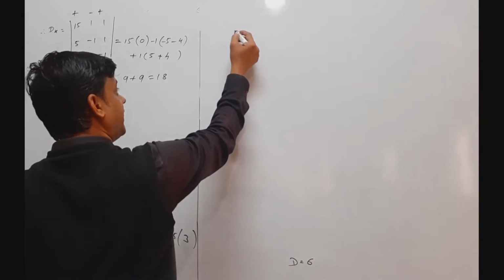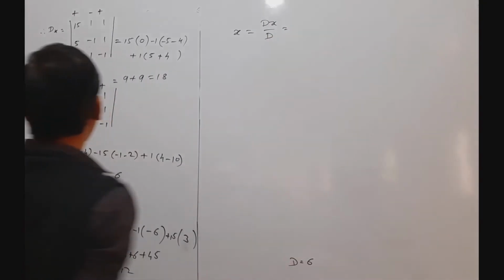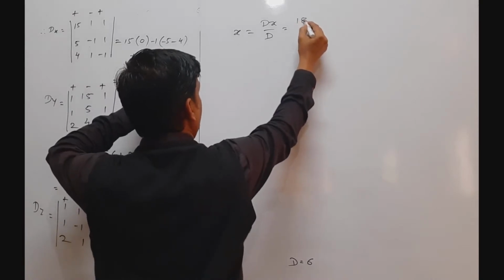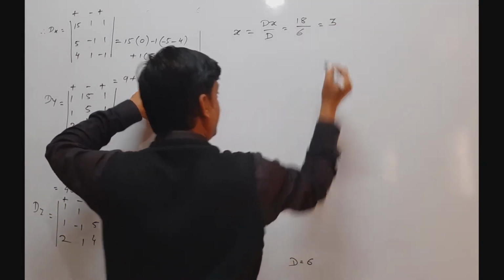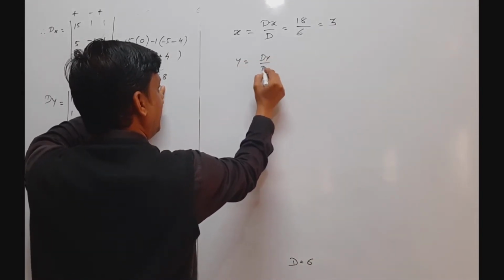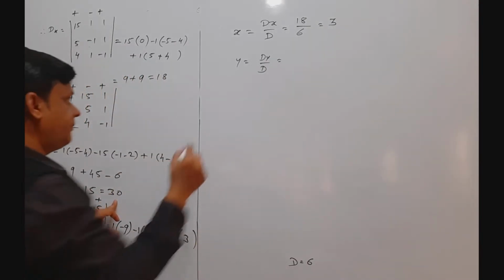So find the value of x. So write x is equal to dx upon d, value of dx is plus 18. So 18 upon value of d is 6. So write here value of x is equal to 3. Then y is equal to dy upon d. So dy we calculated here 30.